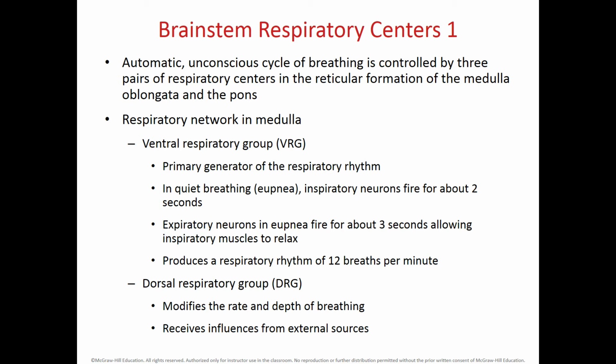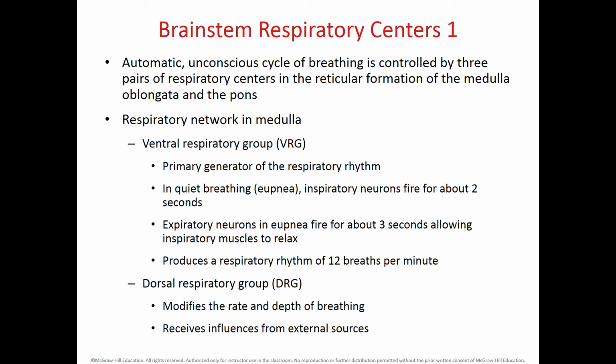Now, the VRG is the one that controls primarily the respiratory rhythm. Whenever you are at rest, you have eupnea, or quiet breathing. And in this case, your VRG neurons will fire action potentials for about 2 seconds.